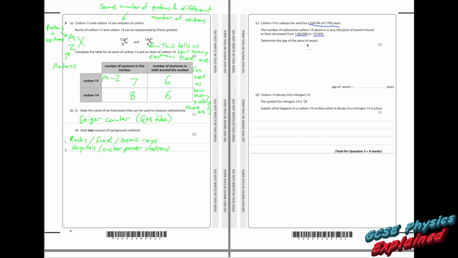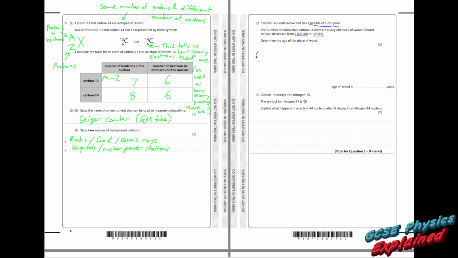So you've got to understand what a half-life is. A half-life is the amount of time that it takes for the amount of radiation to half. Now you could either say radiation in terms of activity or in terms of how many radioactive nuclei you've got.